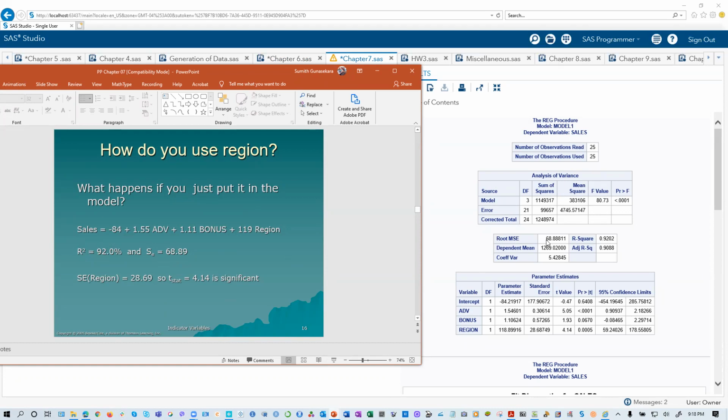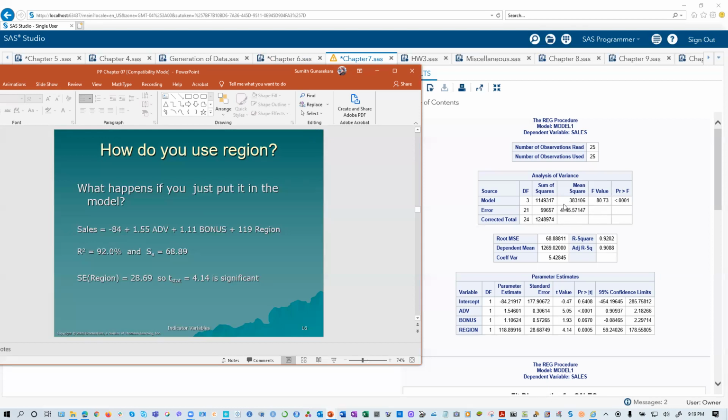This root mean squared error is nothing but the square root of this one, the sum of squared error, SSE. I'm sorry, this one, mean squared error, MSE. Take the square root of this one. That is that. 68 times 68.88 means 4745.57.